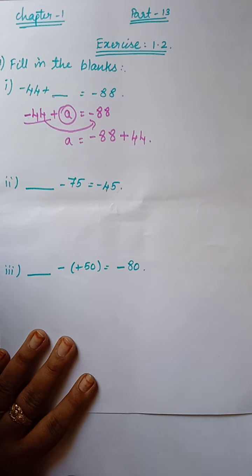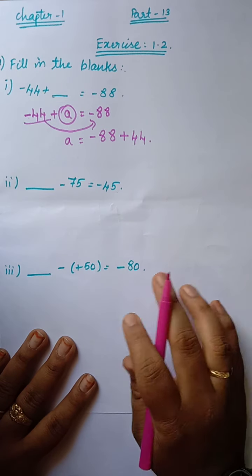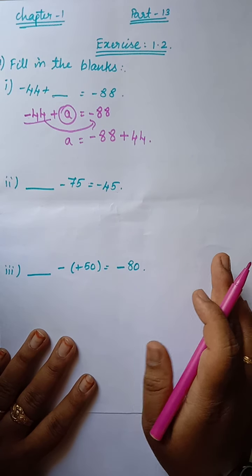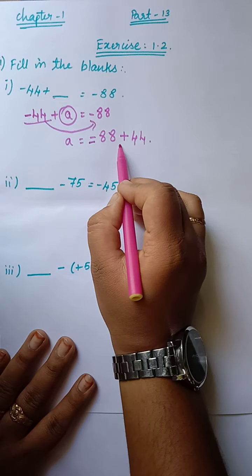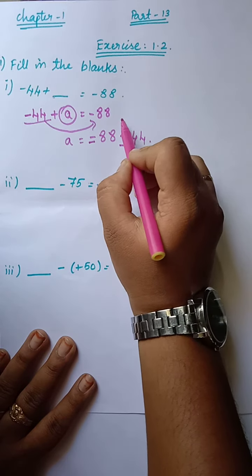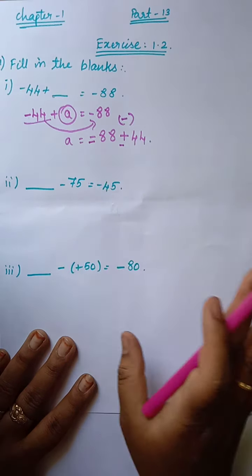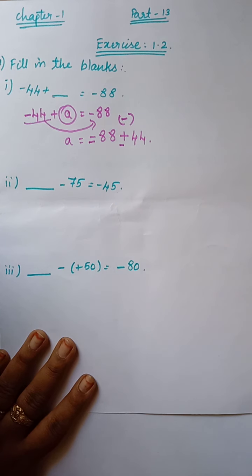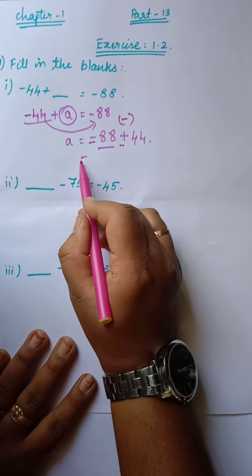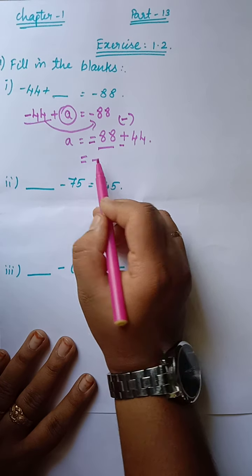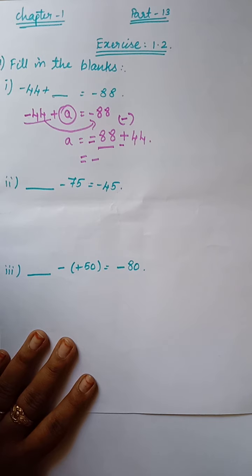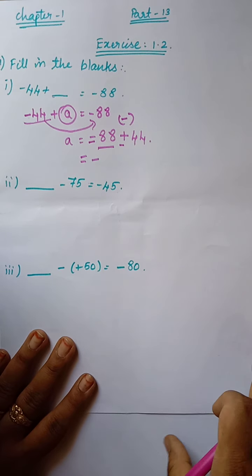Now we have to do the same simplification. Here minus, here plus, so minus into plus is minus. So we have to subtract the numbers. Then we have to see the biggest number's symbol. The biggest number here is 88. 88 has a negative symbol, so our answer also should be negative.